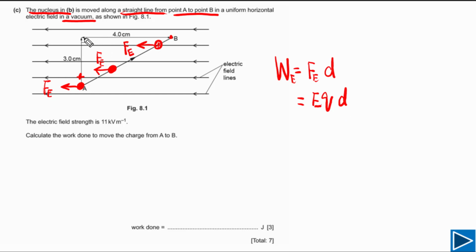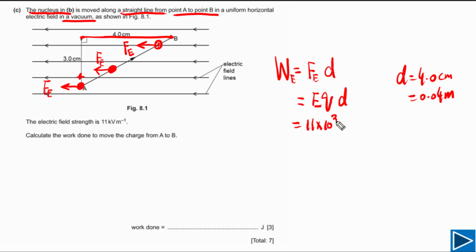Because the force always acts along the horizontal, we need to take the horizontal distance. So D in this case is 4.0 centimeters, or 0.04 meters.